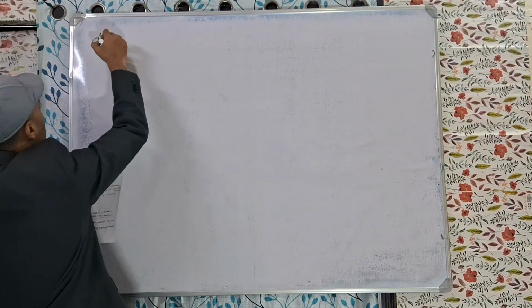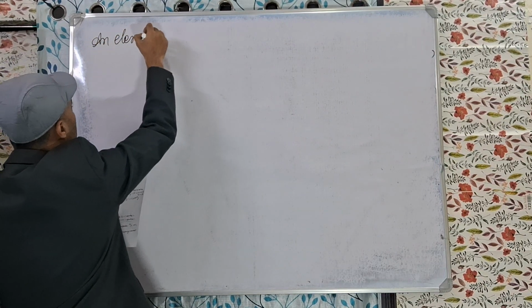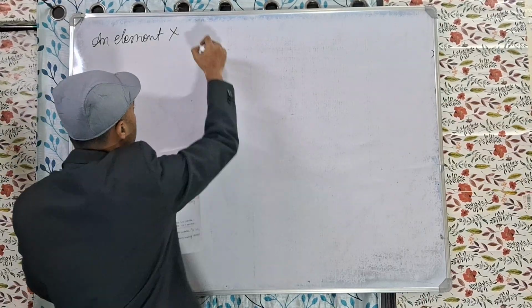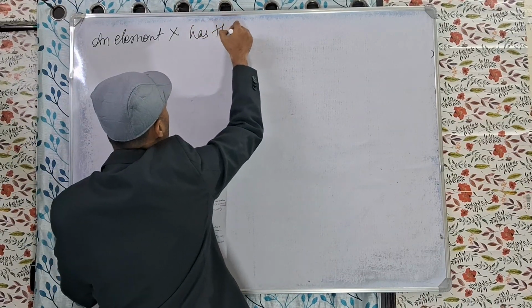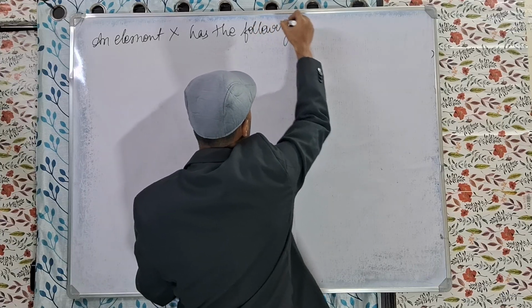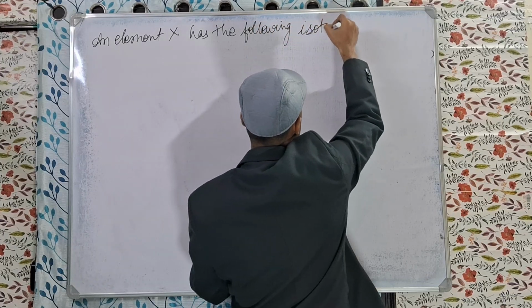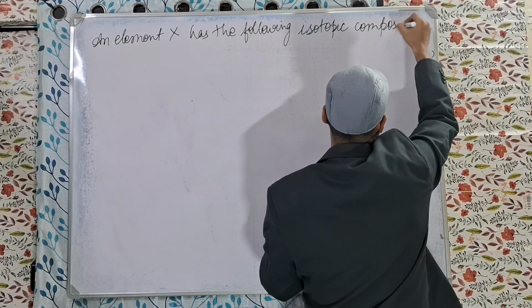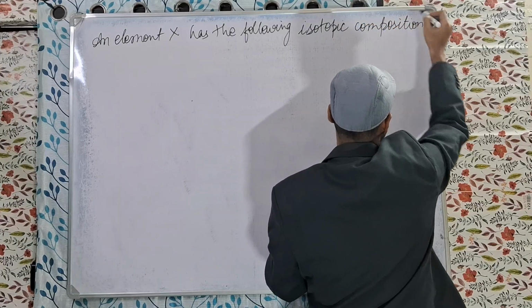So an element X has the following isotopic composition.